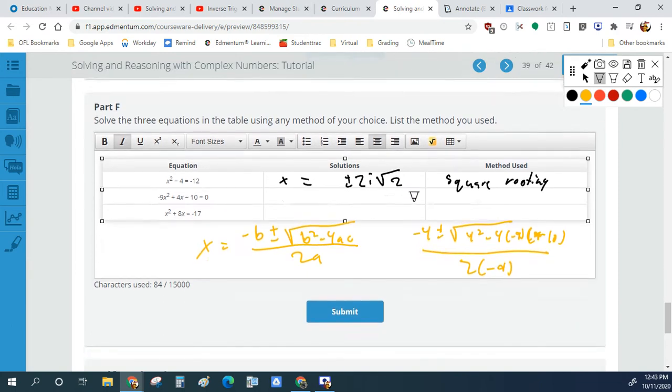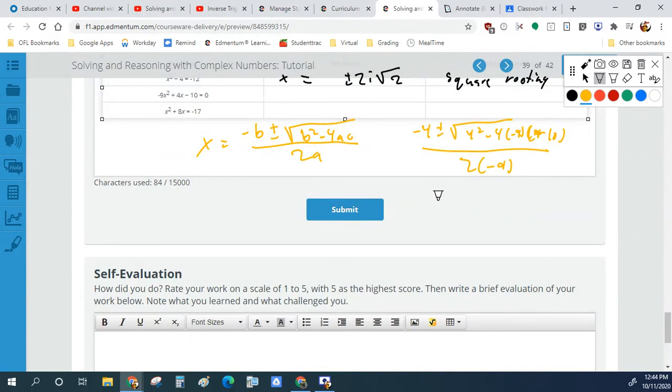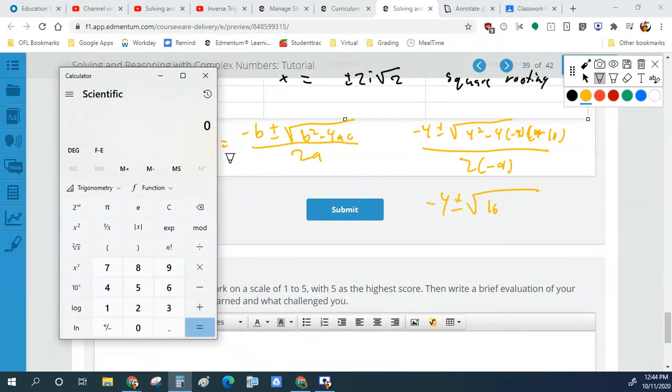If I'm doing that, I'm going to do all my multiplication first. So negative b plus or minus the square root of 4 times 4 is 16. And then I'm going to do this negative 9 times negative 10 times negative 4. I know that there's 3 negatives, so my answer should be negative.